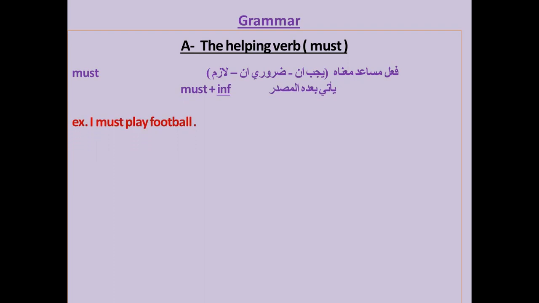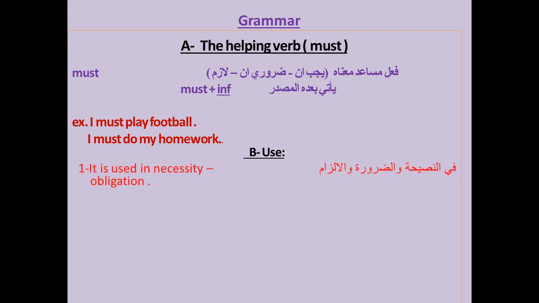For example, I must play football. I must do my homework. This is obligation. Number B, use. What is the use of must? It is used in necessity and obligation. As I told you, I must play football. I must do my homework.